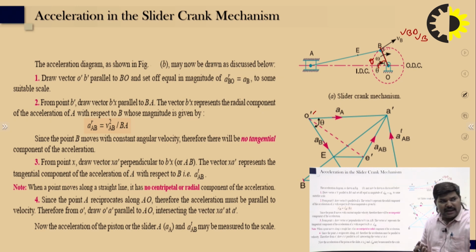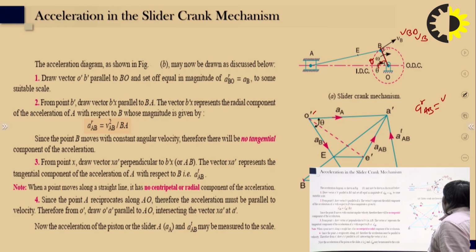Then from B dash we draw B dash x, which is parallel to BA. It represents the radial component of the acceleration of A with respect to B, which is equal to velocity of BA square upon length of AB.